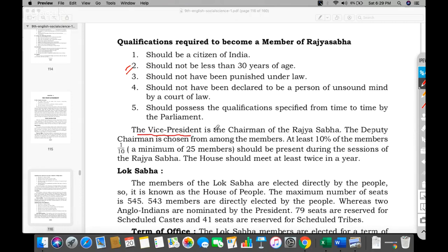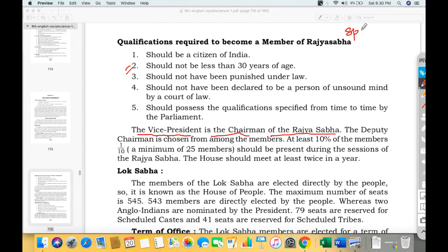Who is the chairman of Rajya Sabha? So try to understand, we have a concept of speaker and deputy speaker. Speaker and deputy speaker are responsible for functioning of the house.